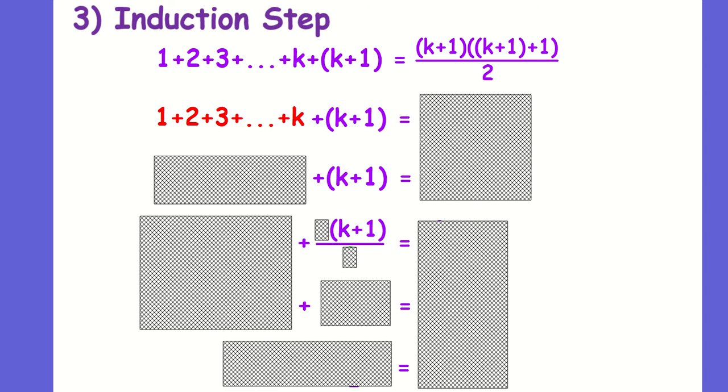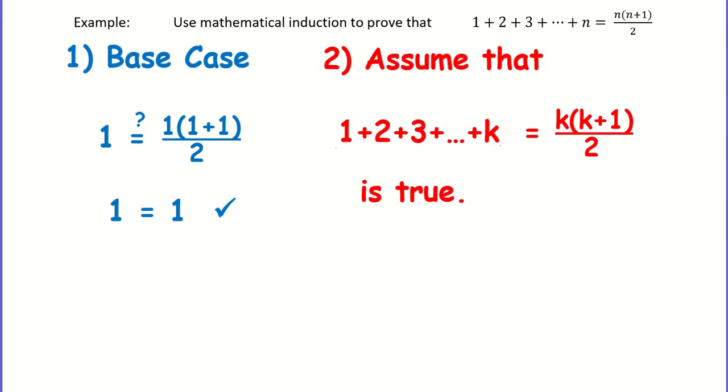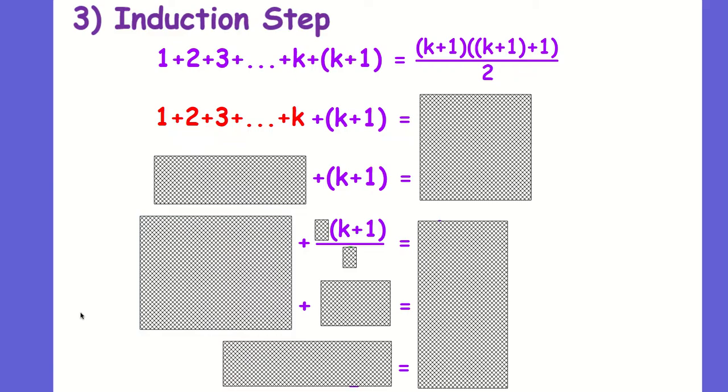Now, here's where the assumption comes into play. I'm using red here on step 2. Remember, I am assuming that this does in fact equal that. So now, in this step right here, I bring that back out and I use that.